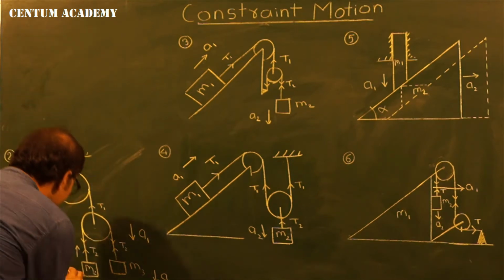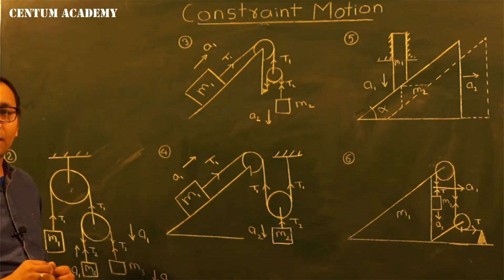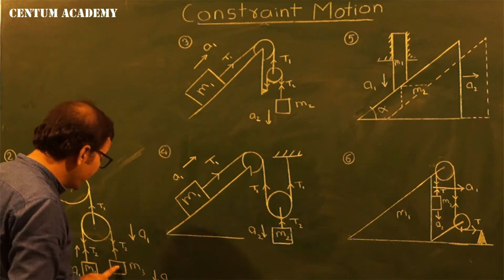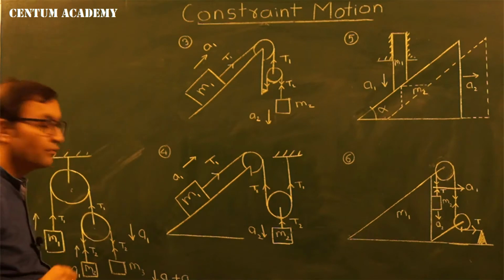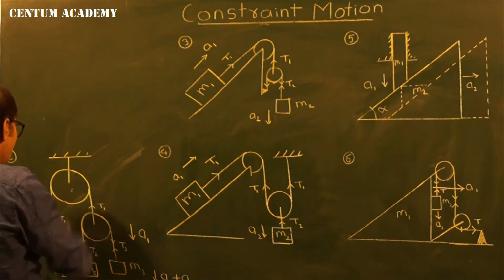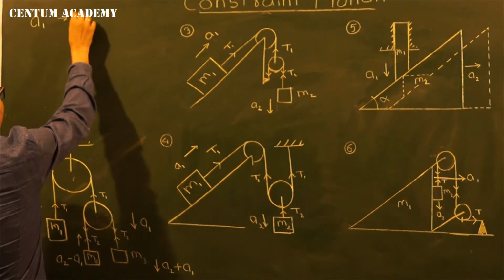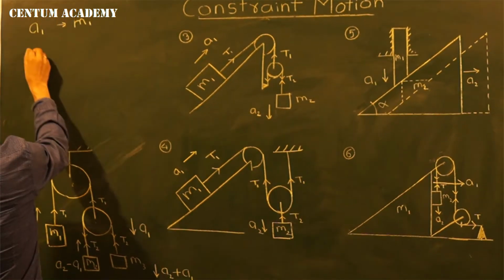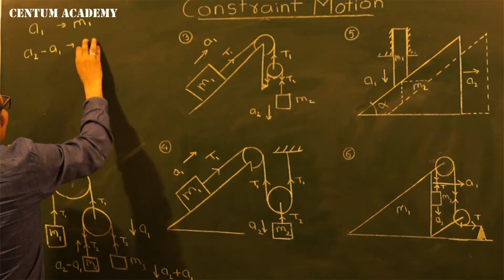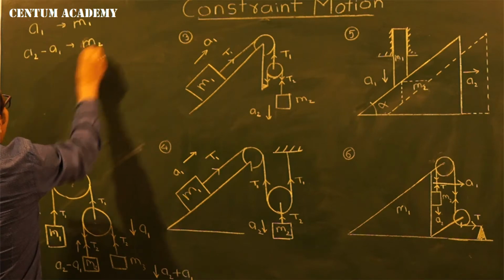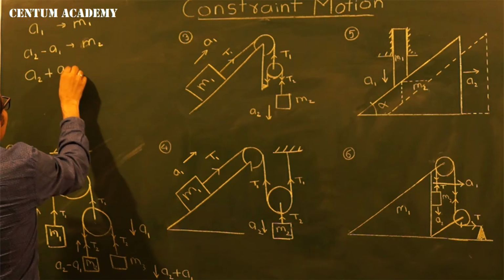Fine. So A2 is up and A1 is down. So the net upward acceleration for M2 is A2 minus A1, right? And the net downward acceleration for M3 is A2 plus A1, right? So the acceleration of M1 is A1, the acceleration of M2 is A2 minus A1, and the acceleration of M3 is A2 plus A1.